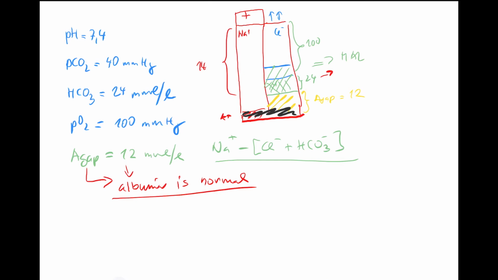If there's somehow a buildup of chloride, you're going to compress the bicarbonate and you're going to have metabolic acidosis. So if there's more chloride, this gets compressed and you're going to have metabolic acidosis.